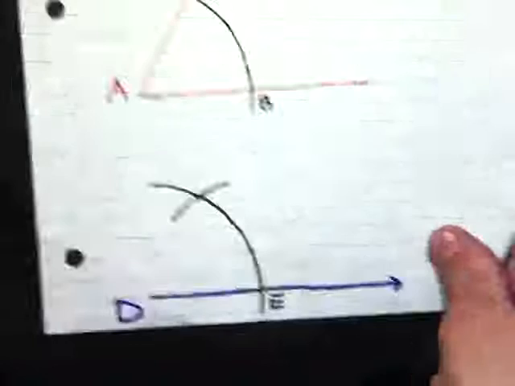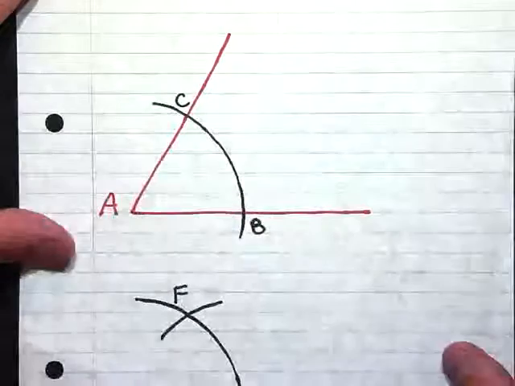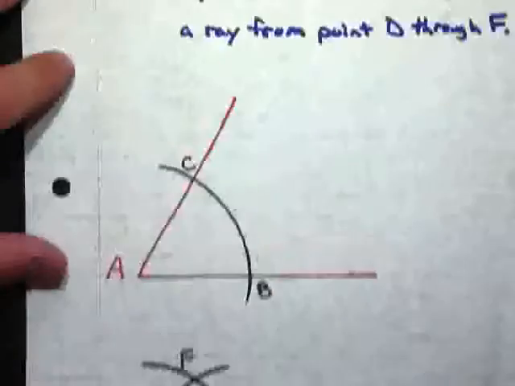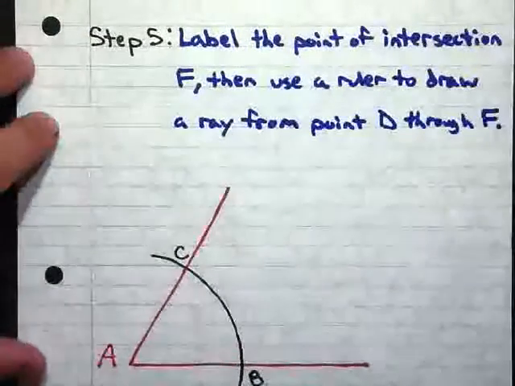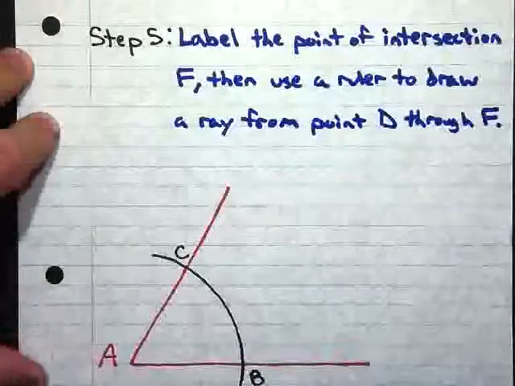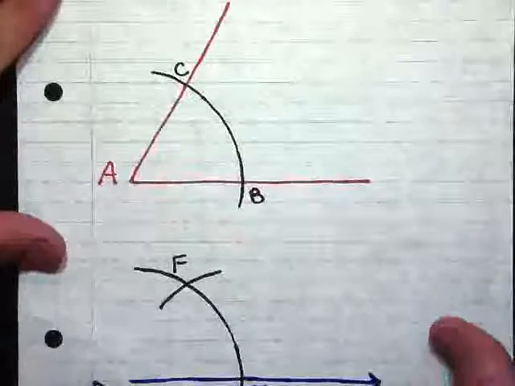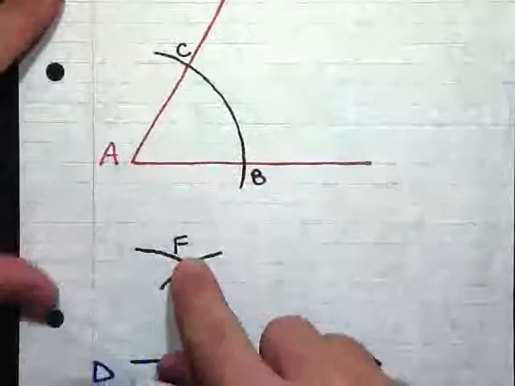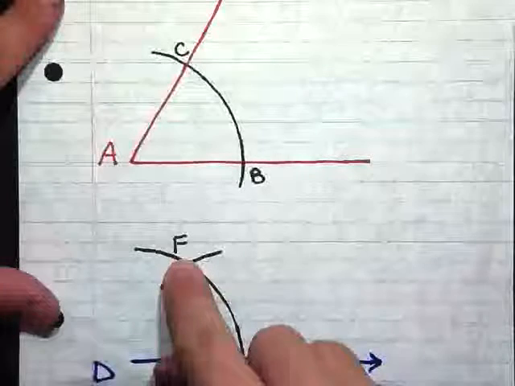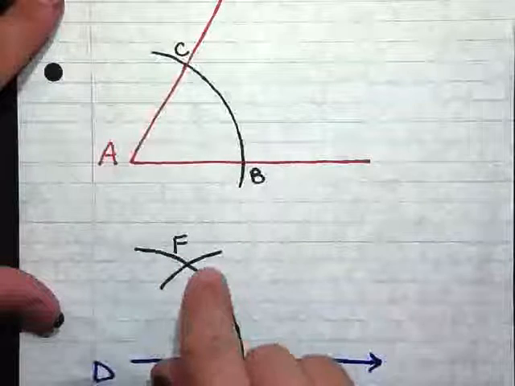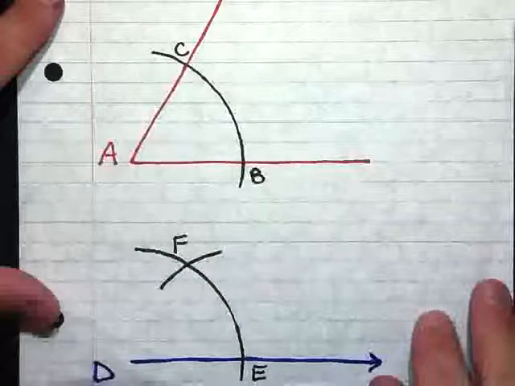Let's move to step five. I want to label the point of intersection F, the point where the arc we just drew crosses the other arc.